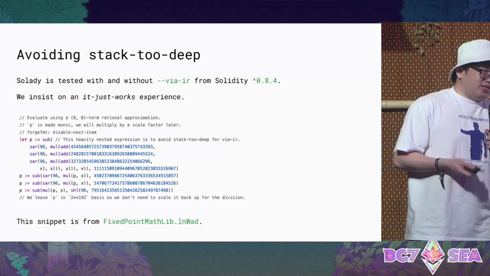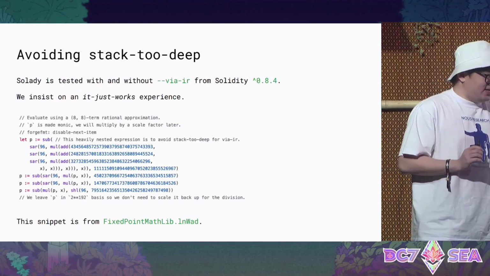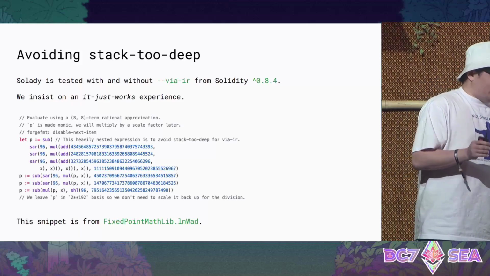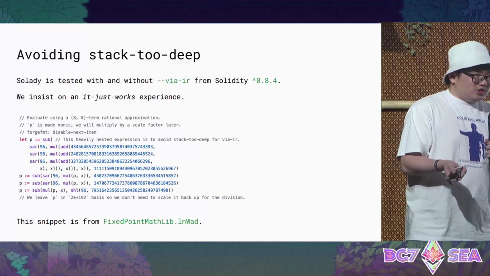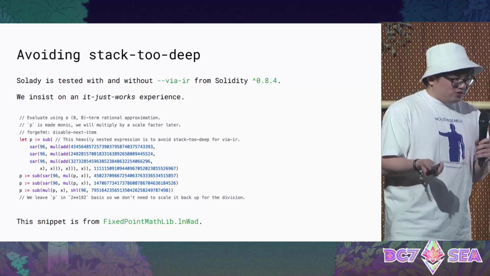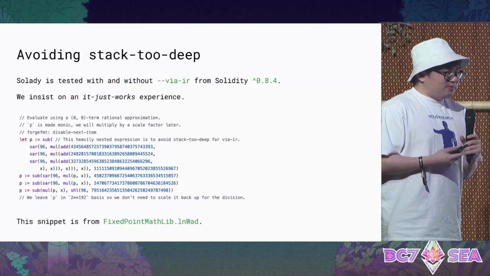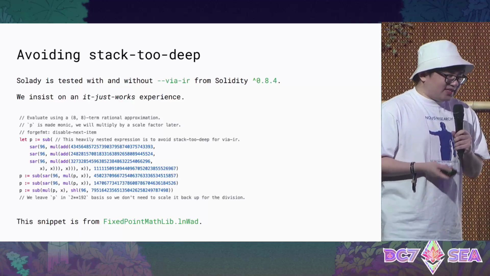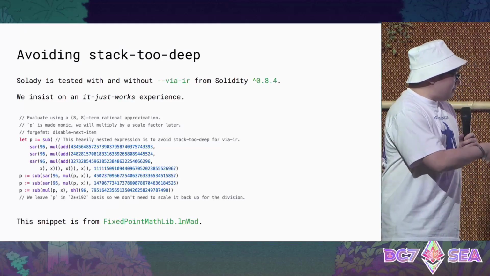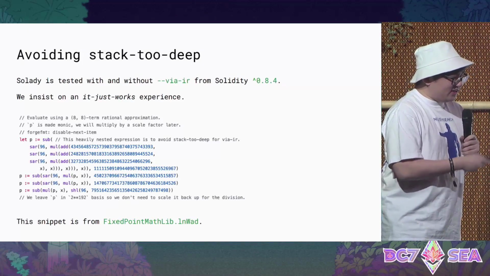So in Solady, we are very particular that it must work in as many situations as possible. So whether you use via-IR or whether you choose not to, we want to make sure that it just works. You don't need to worry that our library is the culprit of a stack too deep. That's why we are very particular with all these tiny details.